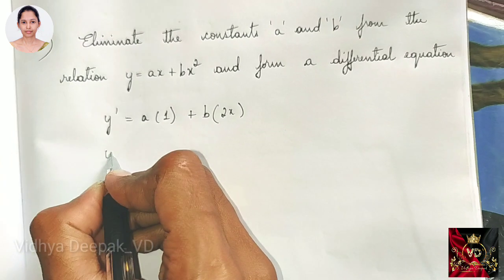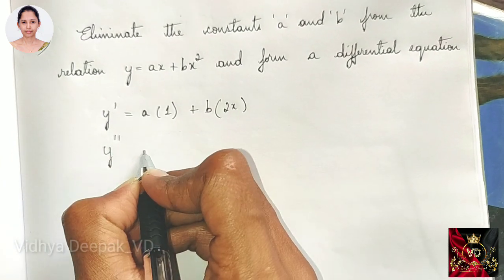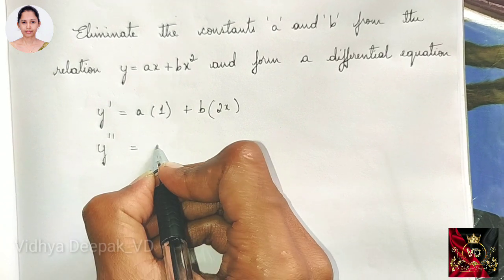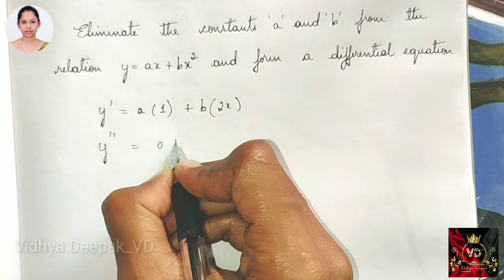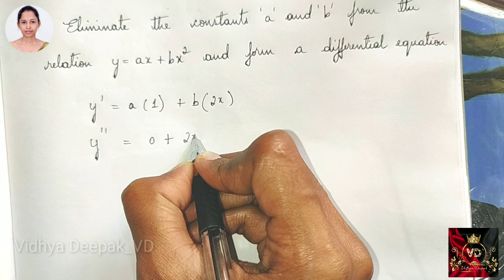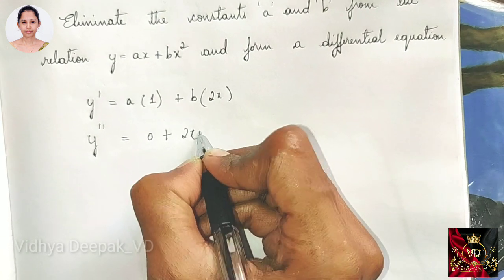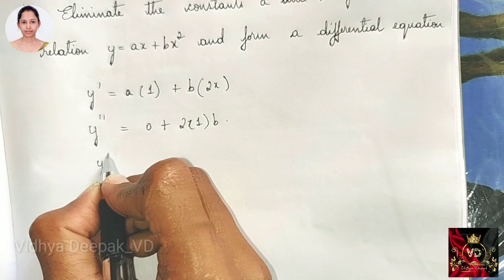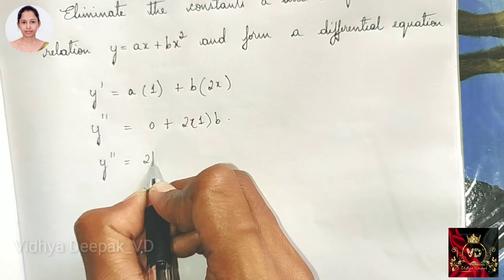So again, differentiating this once again, what do we get? We get differentiation of a constant is 0 plus 2x into, 2 into differentiation of x is 1 into b. So we have y double dash is nothing but 2b.